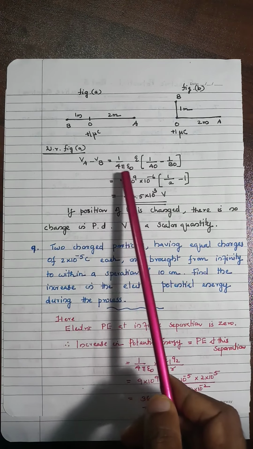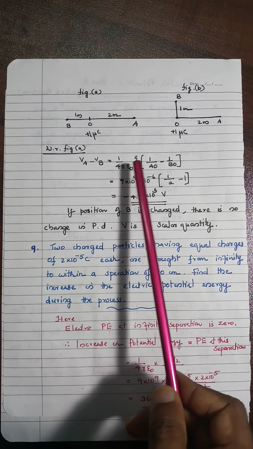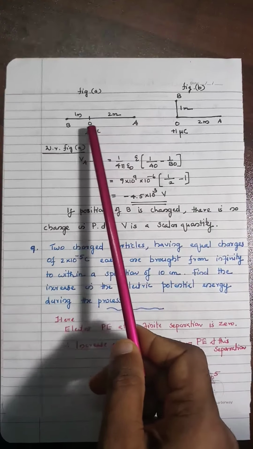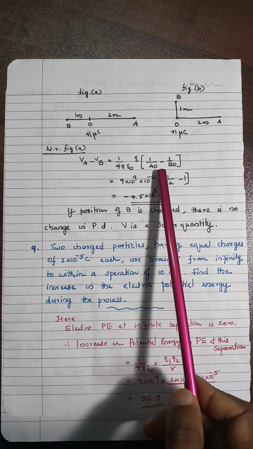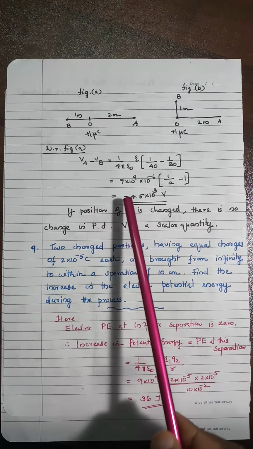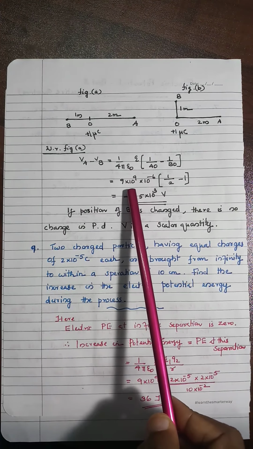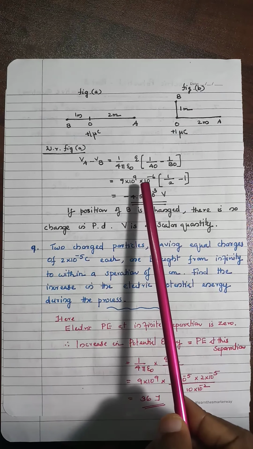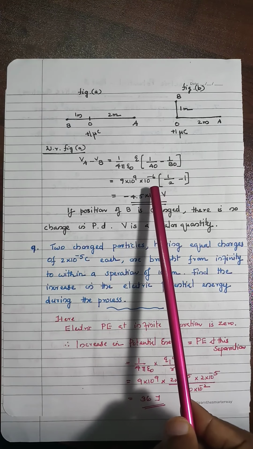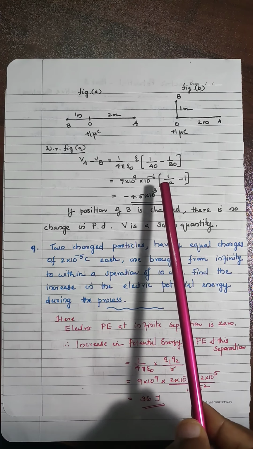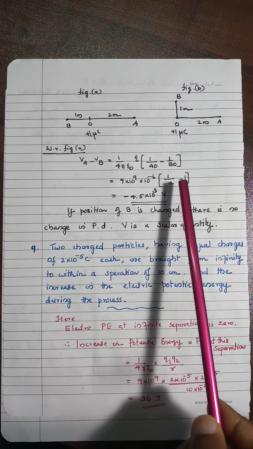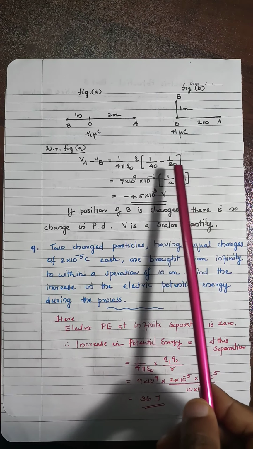So the potential difference can be written as 1 by 4 pi epsilon 0 Q into 1 by the location of A from O, so AO, minus 1 by this location OB. You know, 1 by 4 pi epsilon 0 as 9 into 10 raised to 9 into the charge given as 1 microcoulomb as 10 raised to minus 6 into 1 by AO as 2 minus 1 by BO as 1.